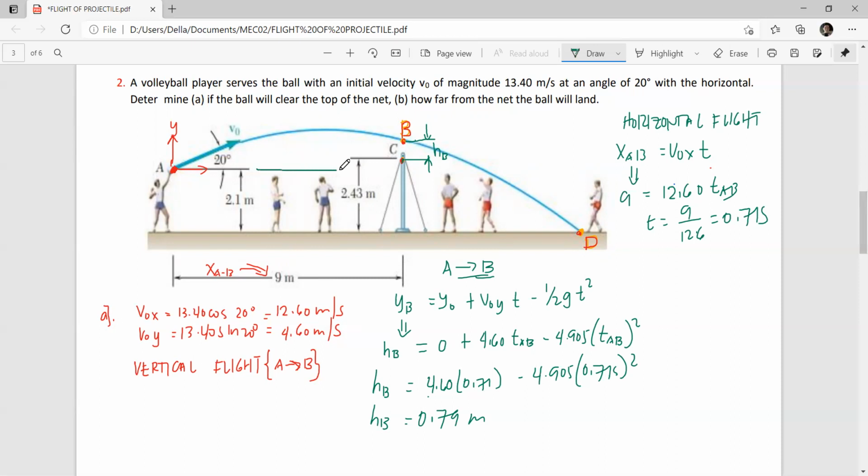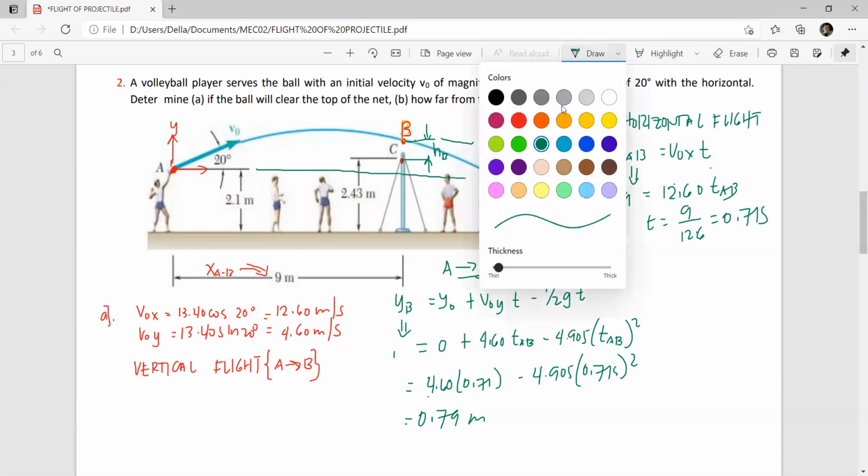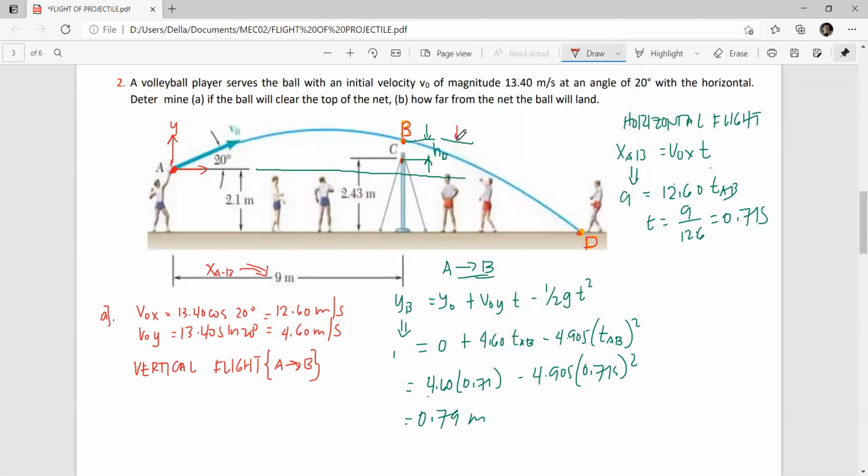YB is from this datum up to B. That is the YB, sorry, not HB. This is the YB, because we have the reference from the datum, this one, and that is the difference, 0.79.